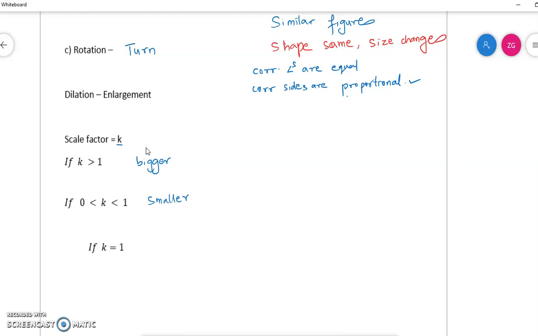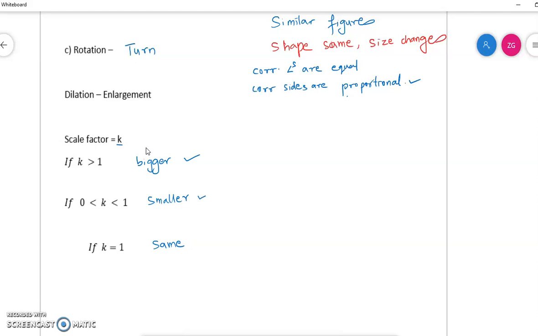And if the scale factor is 1, the size will remain the same. Today's session will be focusing only on positive scale factors. The next session will be focusing on negative scale factors.